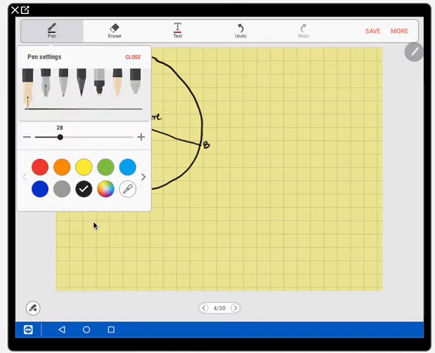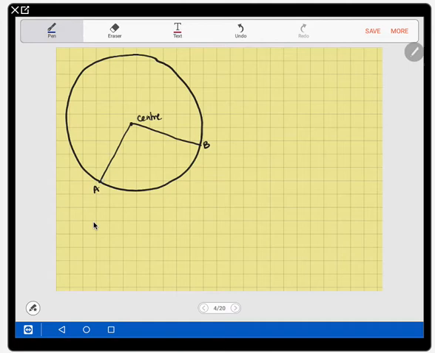If I take a line from point A here, I draw a chord, for example, and I join it to B here.